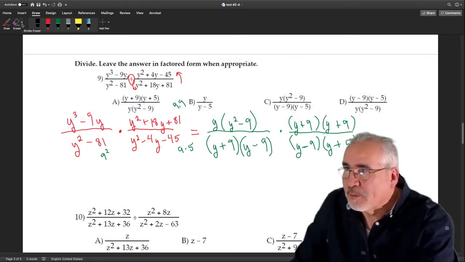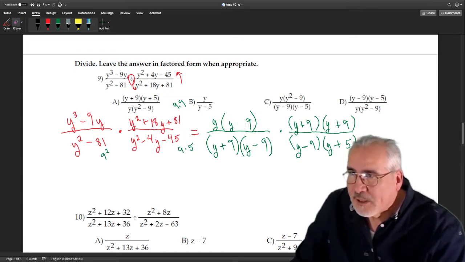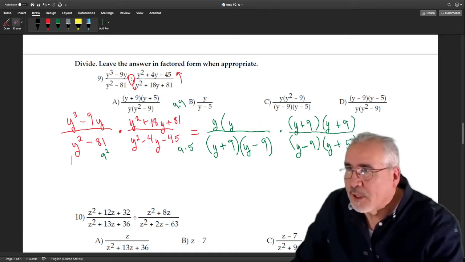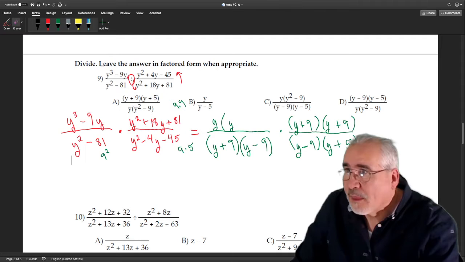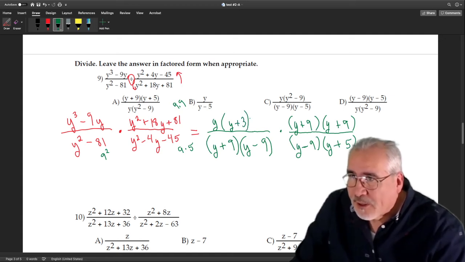Let's get a small eraser. I'm going to leave that y there. I want to make it a little bit smaller. There we go. So this is y plus 3, y minus 3, or again the other way around.